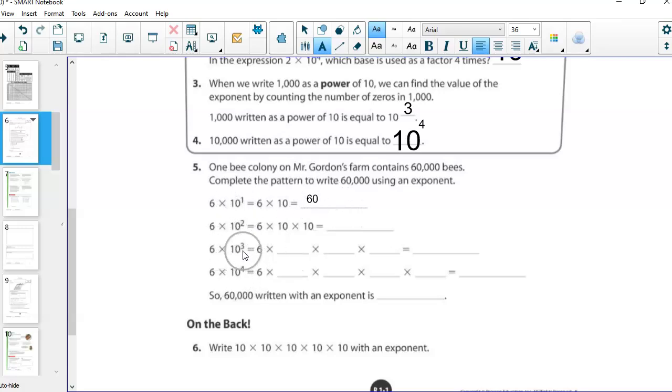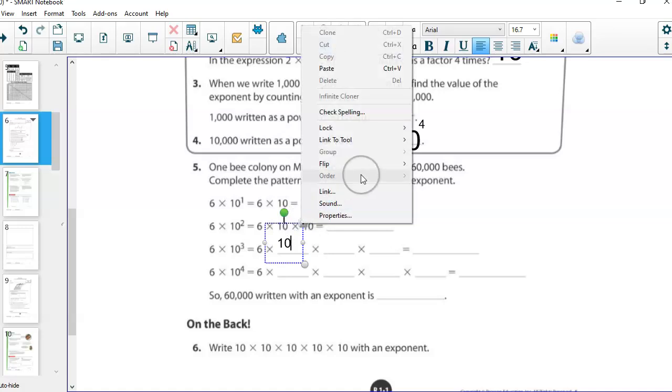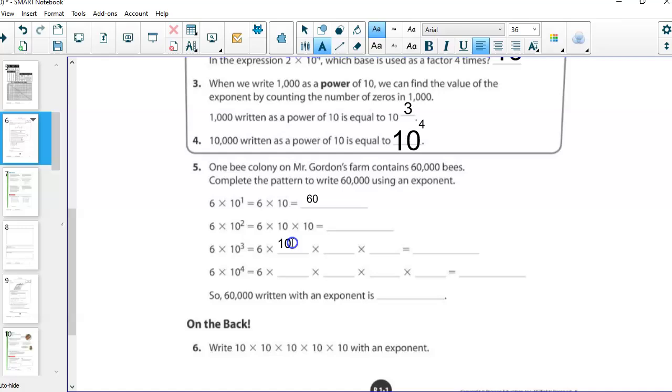So let's go down and do 6 times 10 to the third. Okay, so 6 times 10 to the third means that we're taking 6 times 10, and that 3 tells us we're going to take it times 10 3 times. So these blank boxes are each going to be written with the number 10, and this one as well.